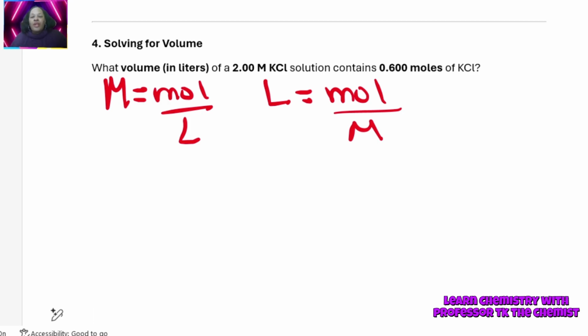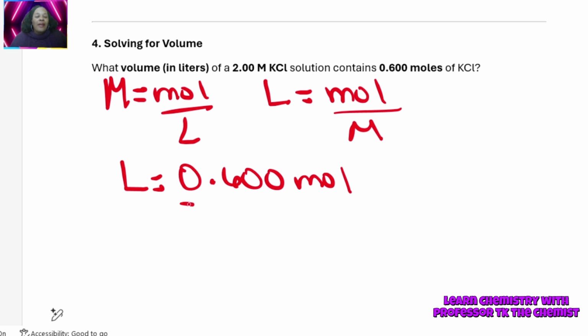In order to find this, I don't have to do any conversions. None at all. It says, what volume in liters of a 2.00 molarity KCl solution contains 0.600 moles of KCl? The moles of KCl goes right there on top. The molarity goes right there on the bottom.